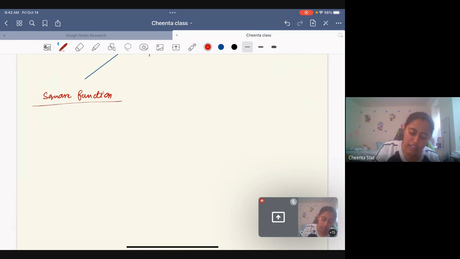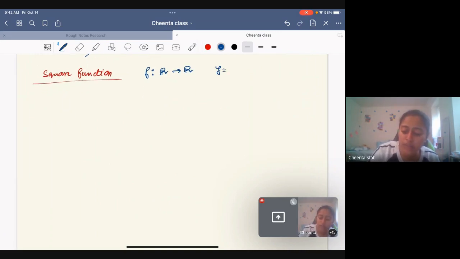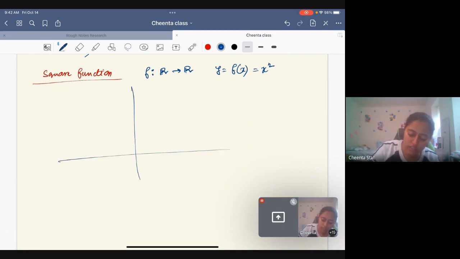Okay, R to R, and y equals f(x) equals, say, x squared. You know, this function is something like that.